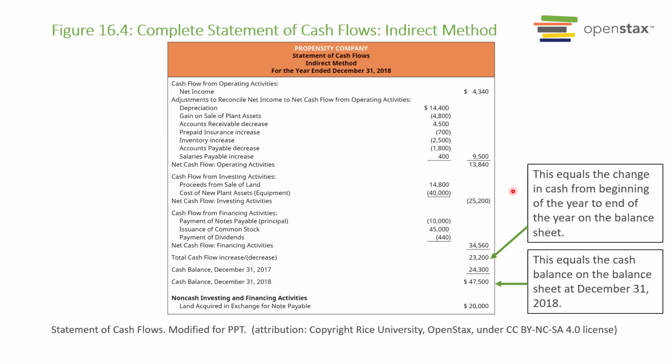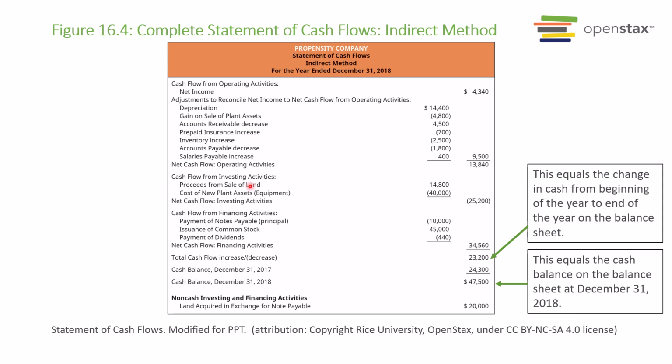Let's recap what we did. We began with our operating activities section, started with the net income, made the appropriate adjustments, added those adjustments up, and added that amount to our net income to get our cash flow for the operating activities of Propensity.